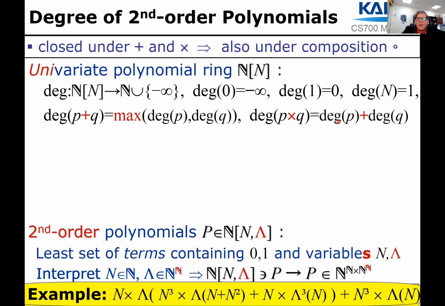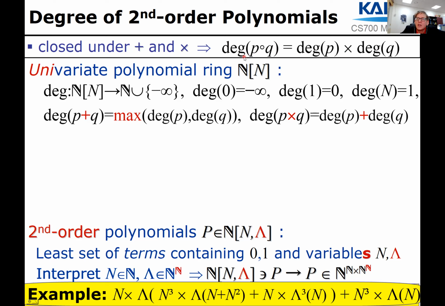Okay. Now let's move on to bivariate polynomials. No, let's first record an interesting corollary. Namely, we know that these polynomials are closed under composition. What about the degree of the composition? Then it turns out that the degree of the composition is the product of the degrees.